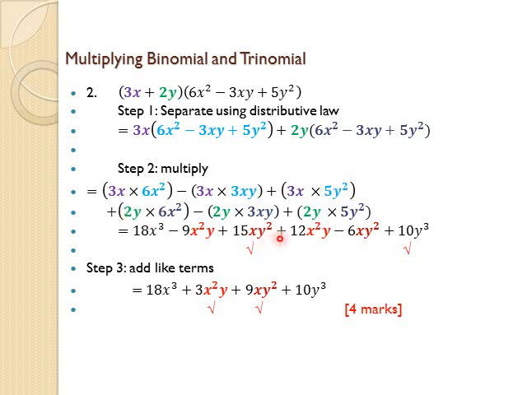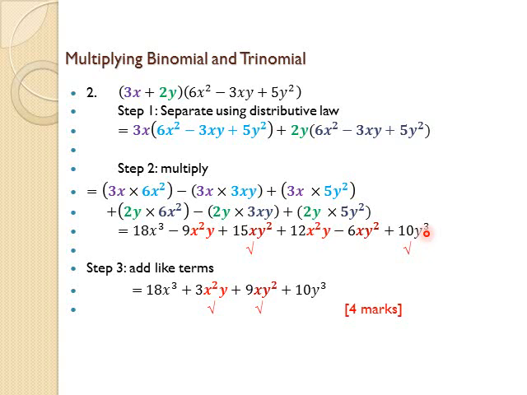There, positive stays positive, 2 times 6 gives me 12, x squared times y simply stays x squared y. Negative stays negative, 2 times 3 gives me 6, x stays x, but y times y gives me y squared. Positive stays positive, 5 times 2 gives me 10, y squared times y gives me y cubed.